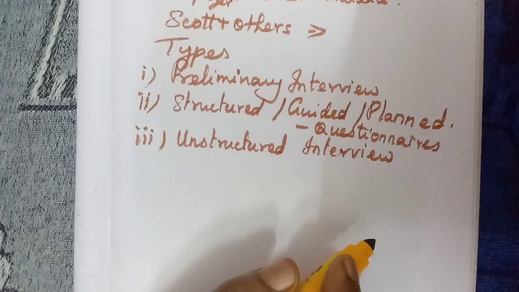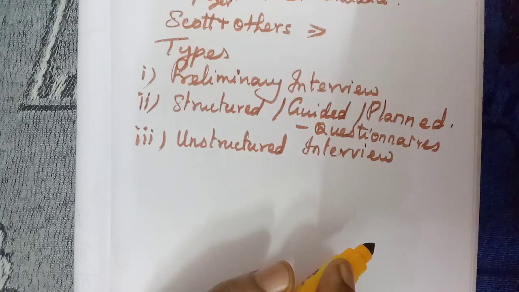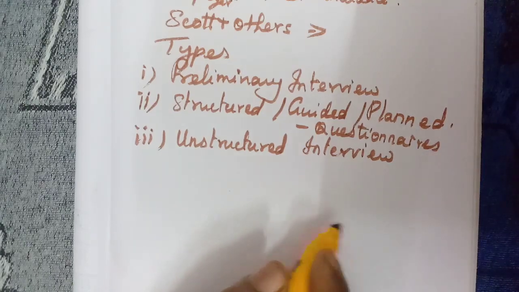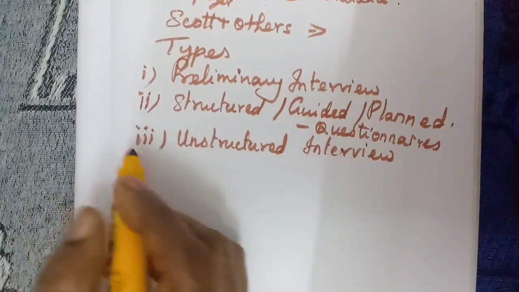They may not plan to ask some questions, but ask from where do you come, how many people are there in your family, and how that person is answering. How did you come to know there is a vacancy in our institution? So they ask all these unplanned questions and conduct the interview.